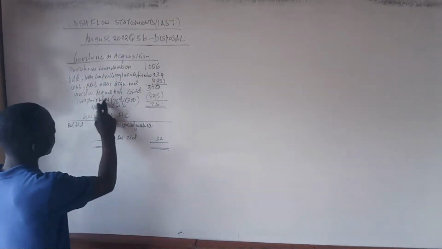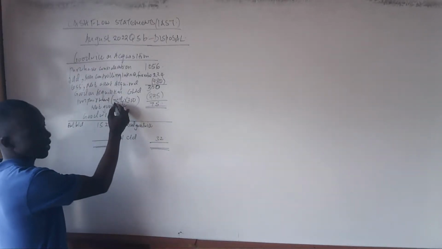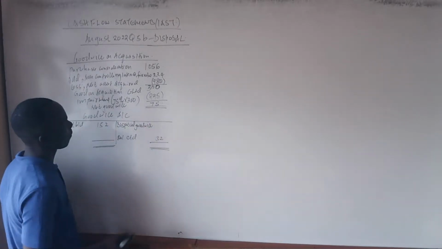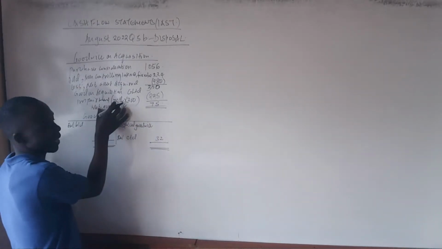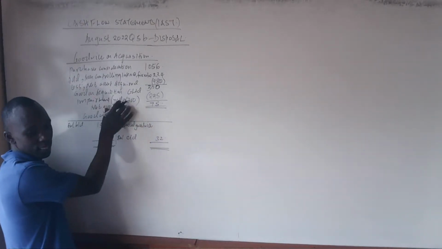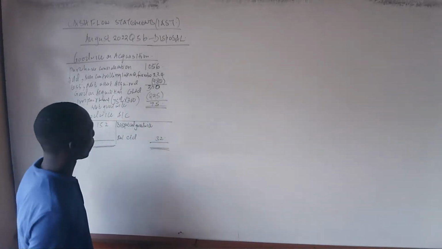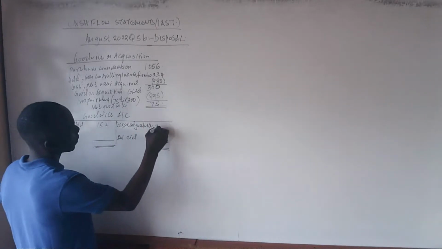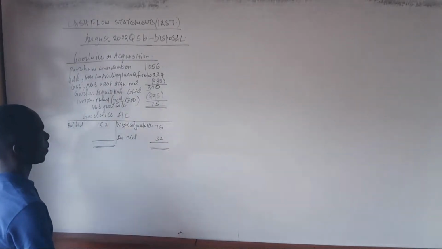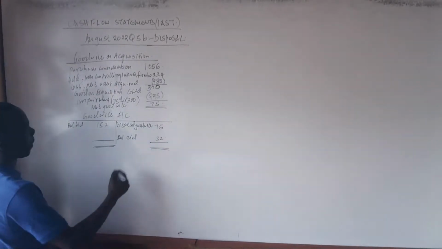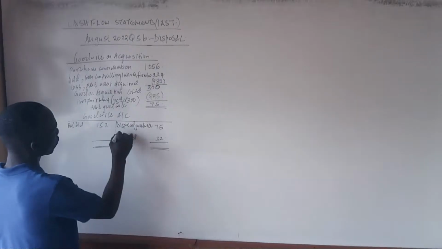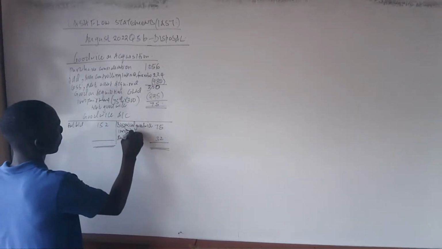The goodwill was impaired by 75%, meaning there is an impaired goodwill. The unimpaired goodwill is the one that we are going to dispose, which is an amount of 75. Then from there, the remaining balance will be relating to the impairment.